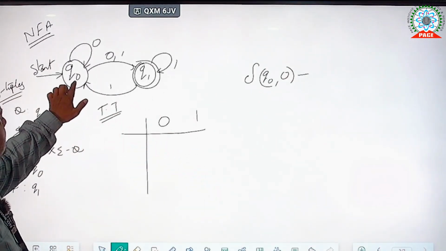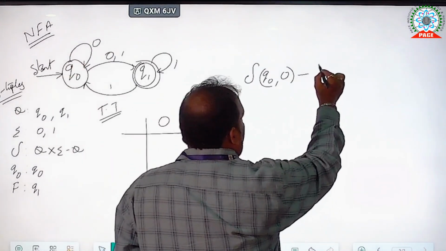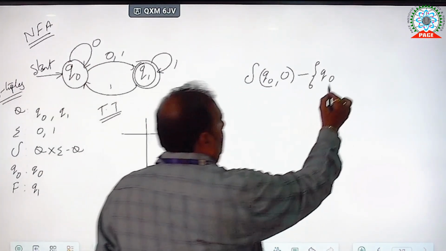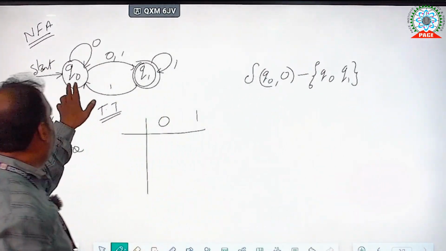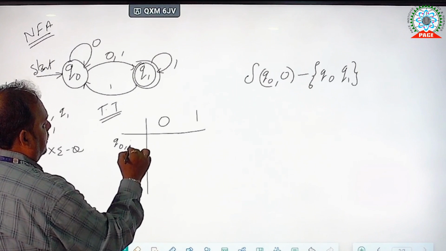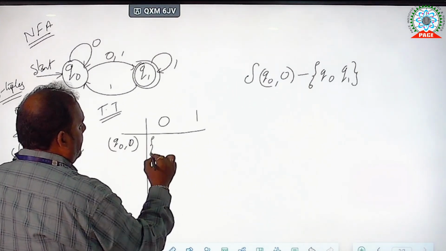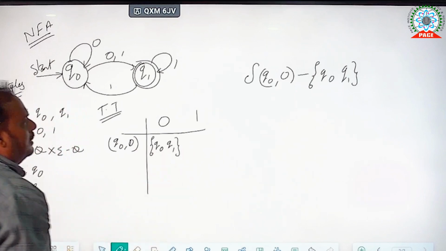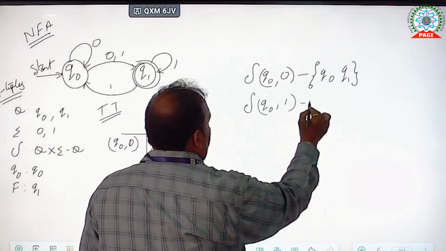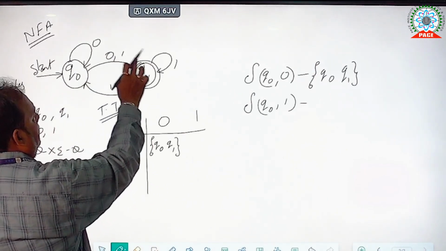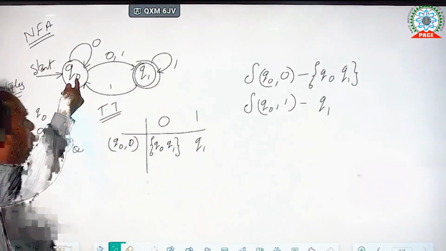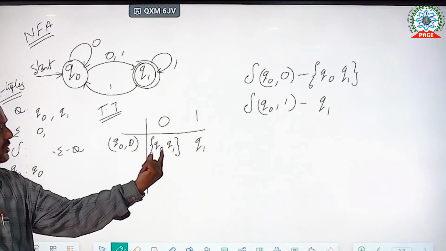Q0 has a 0 transition with self transition to Q0, and again a 0 transition reaching Q1. So there are two states: Q0 and Q1. Next, Q0 with a 1 transition reaches Q0, and along with the 1 transition it reaches Q1. So Q0 with the 0 transition has two states, Q0 and Q1.